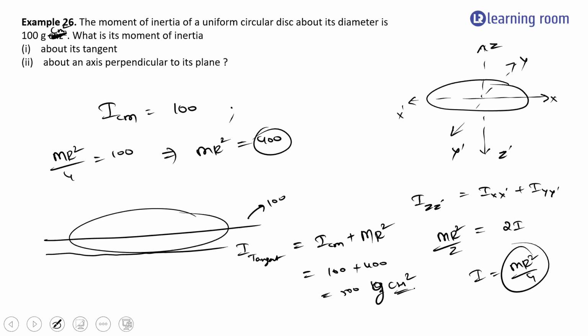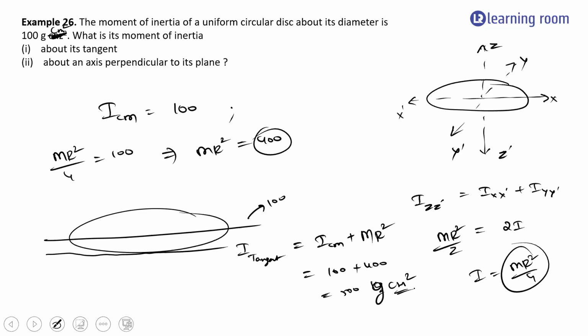The second part is slightly ambiguous. I think there is a mistake in the question. About an axis perpendicular to the plane, it can be anywhere. If I'm not wrong, they are expecting an axis tangential to the surface and perpendicular to the plane. If this is the disk, this is the diameter, this is the axis perpendicular through the center of gravity, and this is the axis which is tangential and perpendicular to the plane.